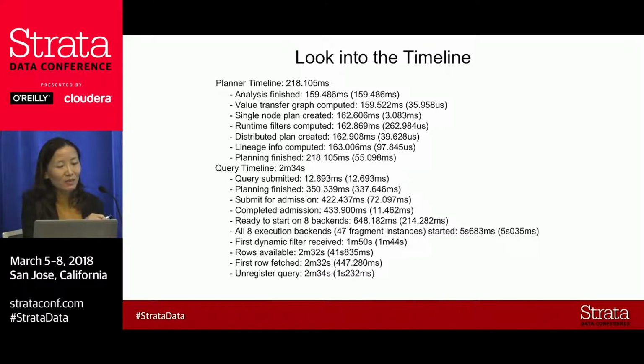The only thing that can be significantly slow on the front end side is metadata loading. In the newer version, we now list the metadata loading separately. You will be able to see some metrics in the planner timeline if the metadata loading takes time.